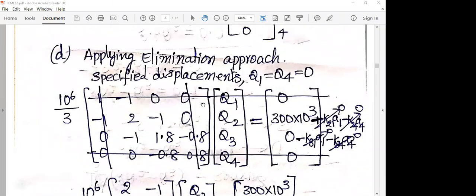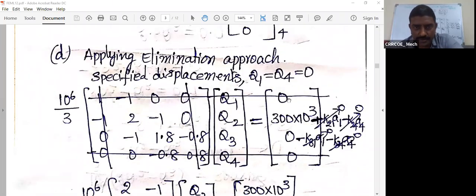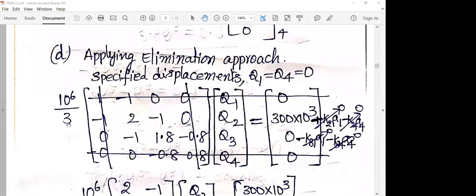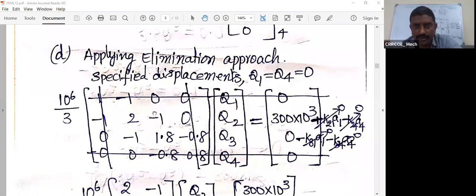Okay. So now you apply the elimination approach. 10 power 6 by 3 is a common factor. The rows and columns which correspond to node 1 and node 4, degrees of freedom 1 and 4, are the first row, first column, fourth row, fourth column.